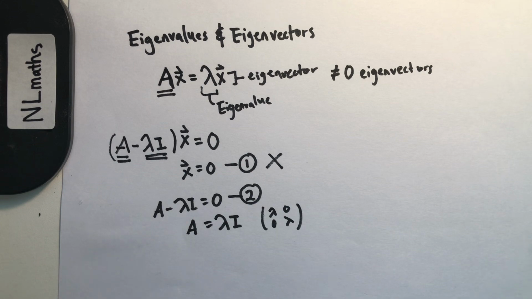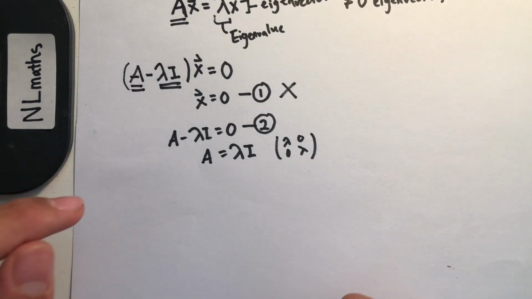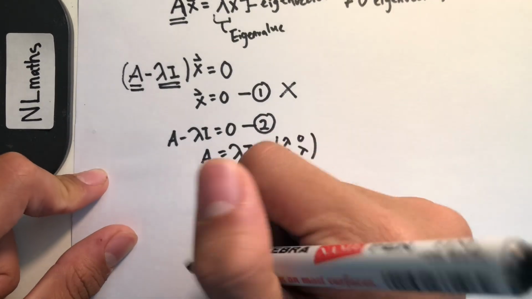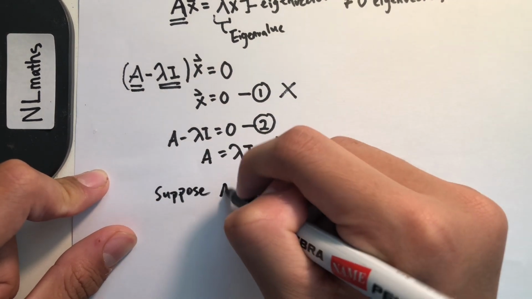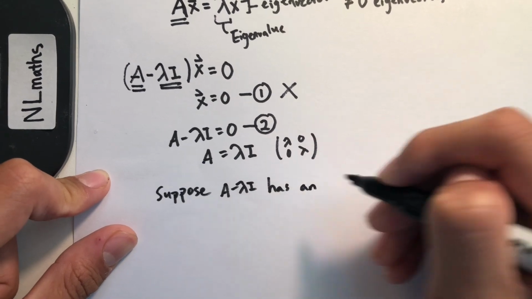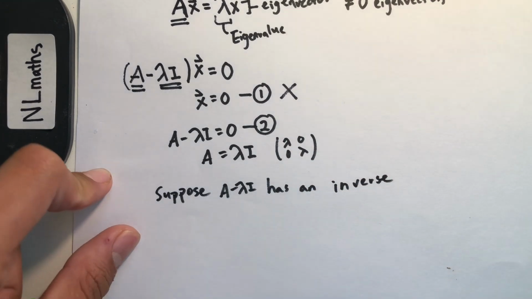So the solution to this is that we're going to suppose that A minus lambda I has an inverse. Okay?